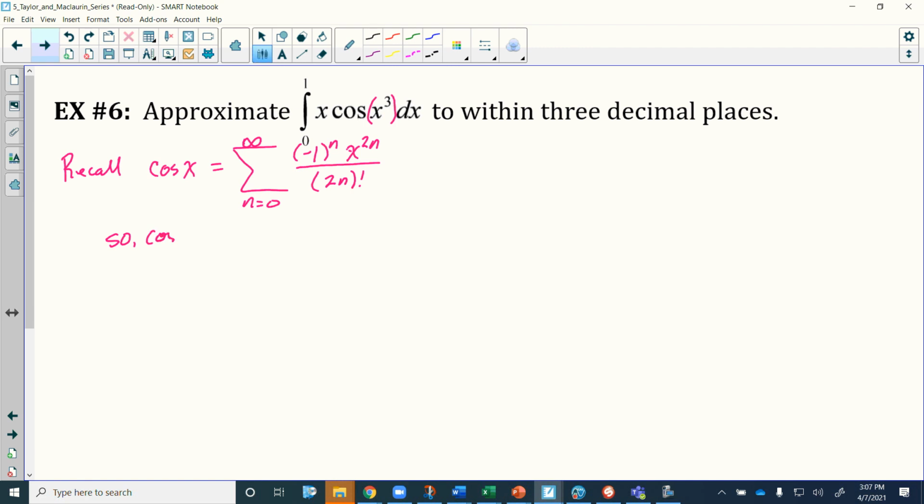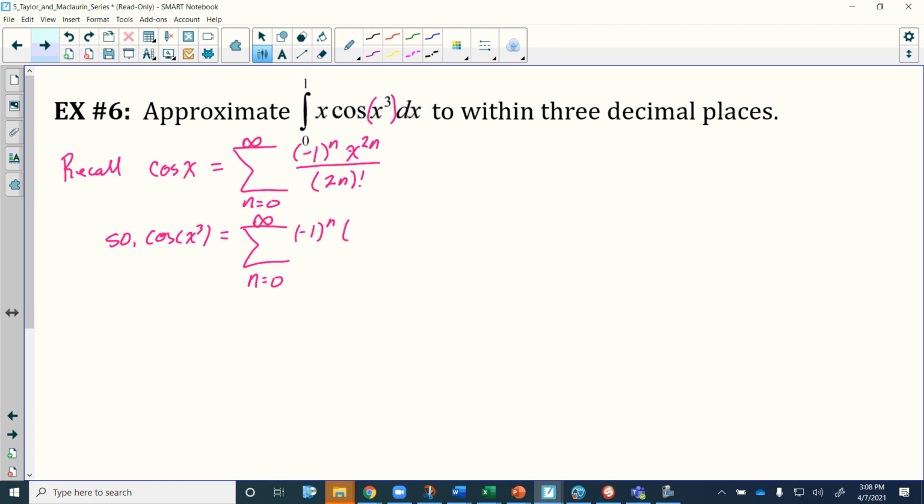So here in this case, cosine of x cubed, we can do some substitution here and wind up with our series n equals 0 to infinity of -1 to the power of n, and wherever I have an x, I'm going to substitute the x cubed now.